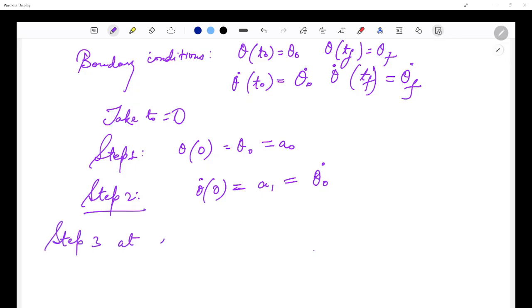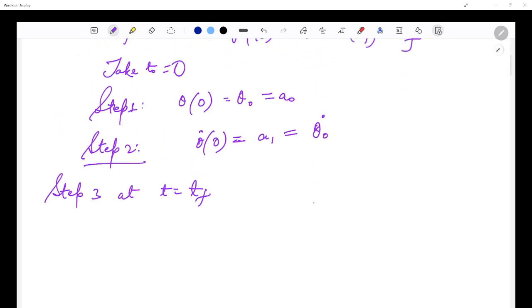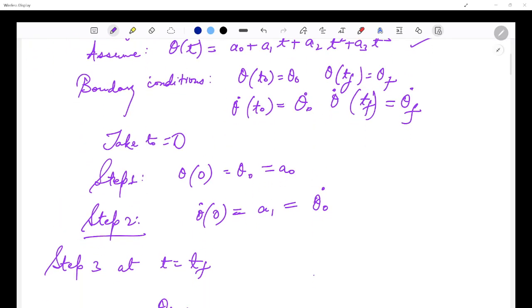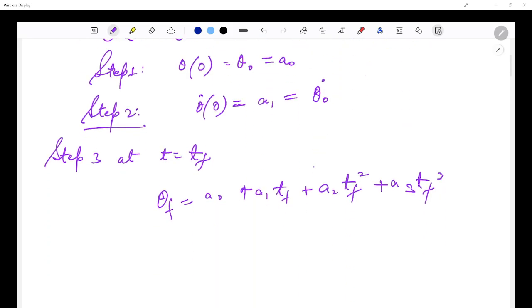Now step 3, at t is equal to tf. We'll substitute into the equation: theta f is equal to a naught plus a1 tf plus a2 tf square plus a3 tf cube, right?